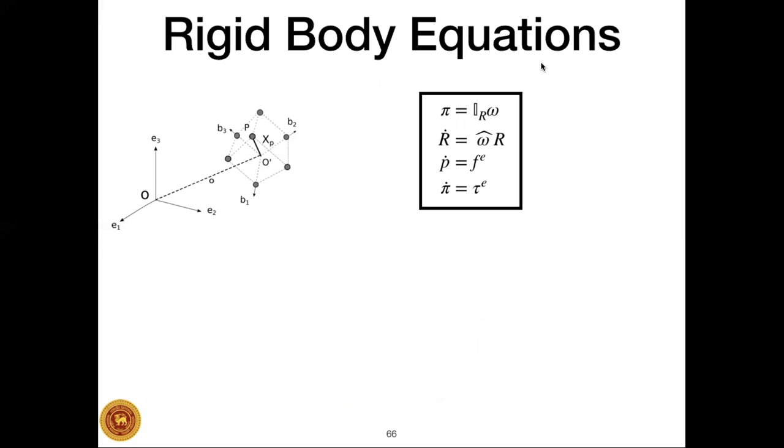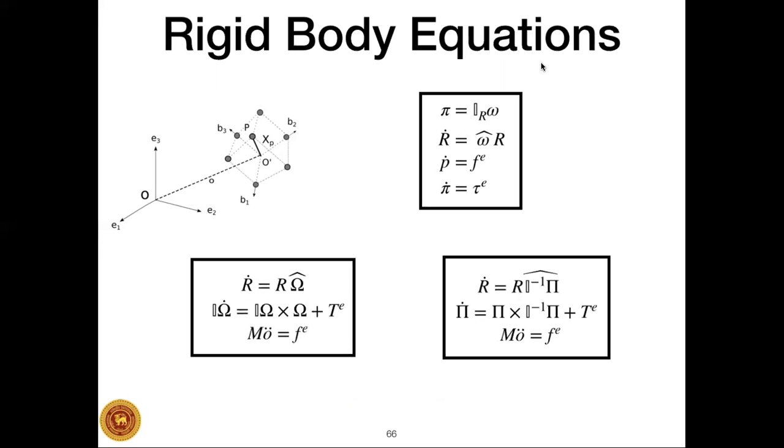So let me summarize all of these three things. We have written down that the motion of a set of particles that are interacting with each other, as well as the rest of the universe, in such a way that the relative distance between any two particles remains fixed, can be described very conveniently by a very few equations.